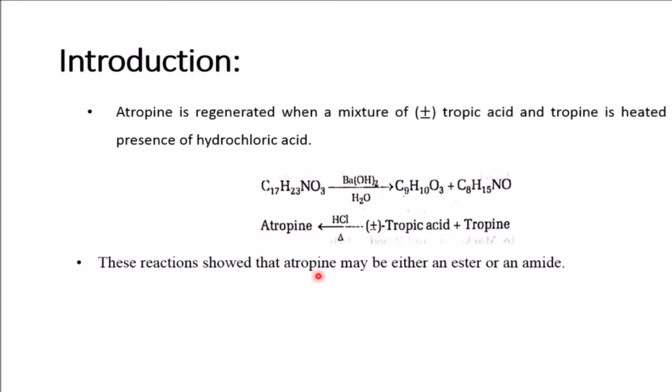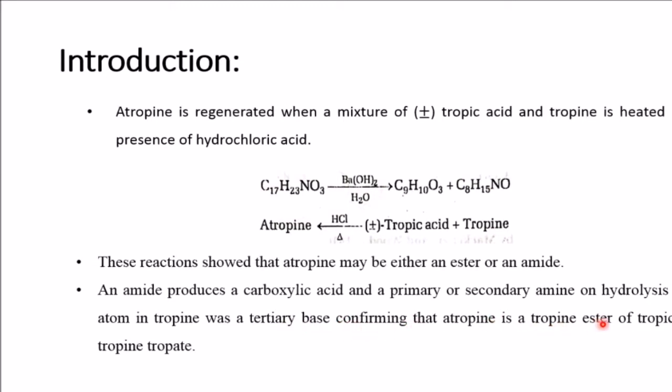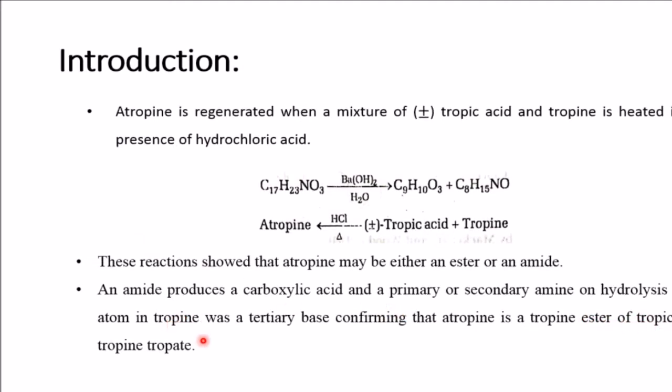This reaction showed that atropine may be either an ester or an amide. An amide produces a carboxylic acid and a primary or secondary amine on hydrolysis. But the nitrogen atom in atropine was a tertiary base, confirming that atropine is a tropine ester of tropic acid, or tropate.